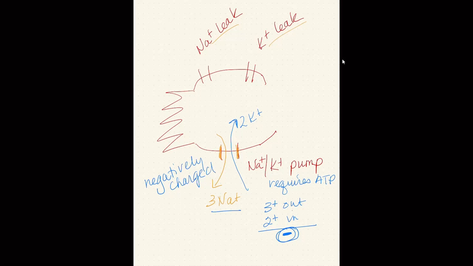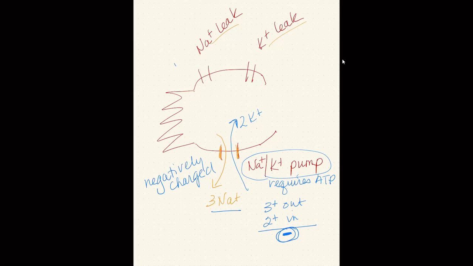At the same time that the sodium potassium pumps are working, and this is happening all the time, most of the energy that you make goes to run these pumps.